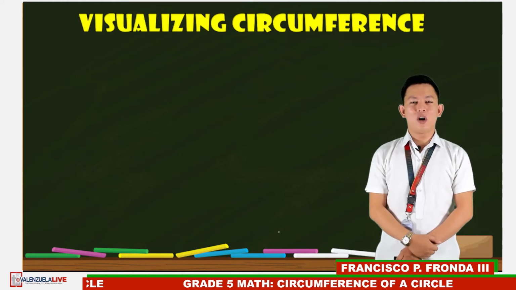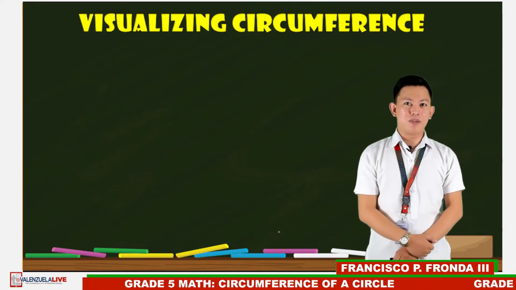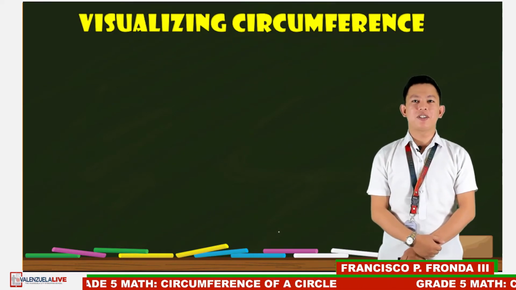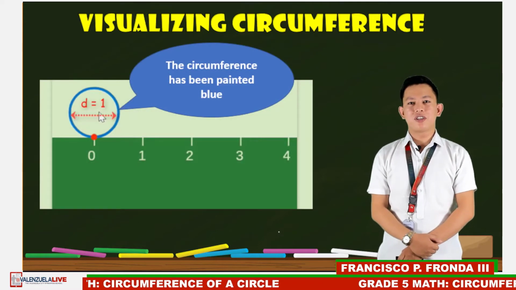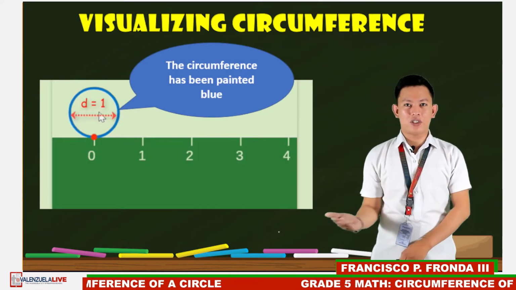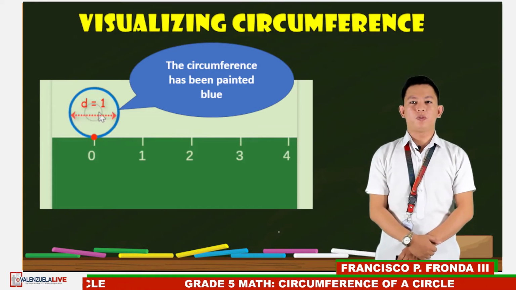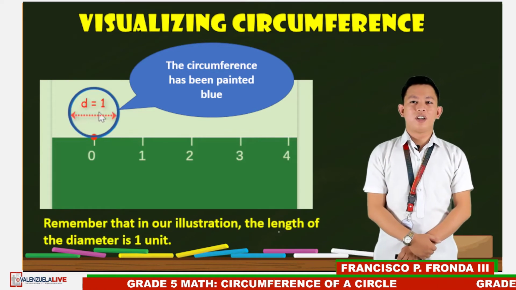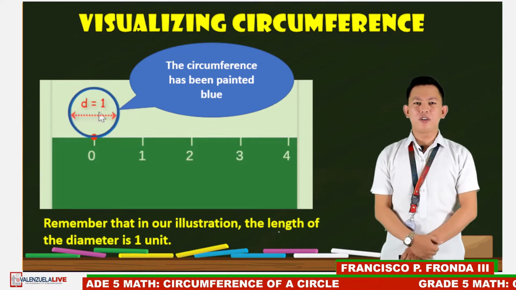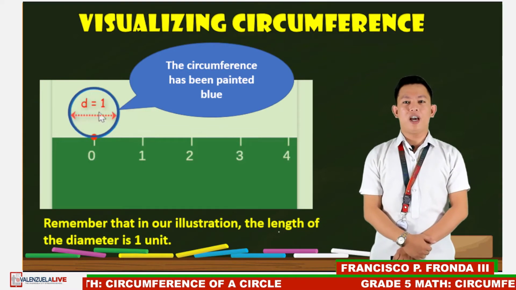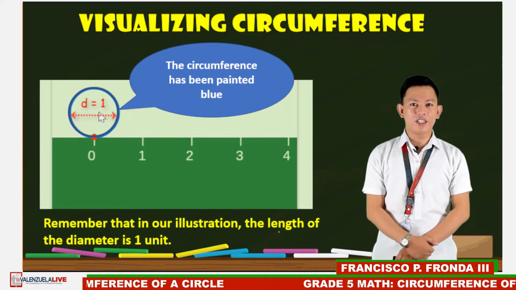Now, grade 5 learners, let's visualize the circumference of the circle. This would be our illustration. The circumference has been painted blue. Remember that in our illustration, the length of the diameter is 1 unit.